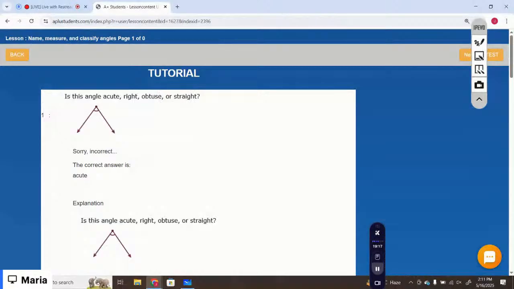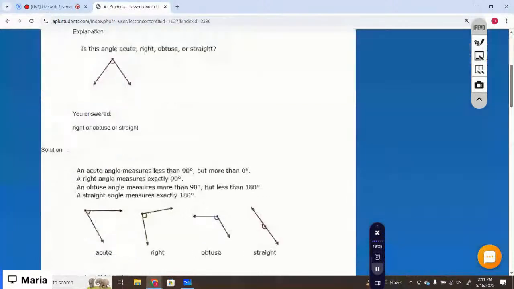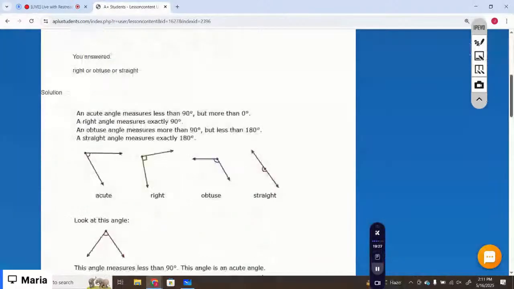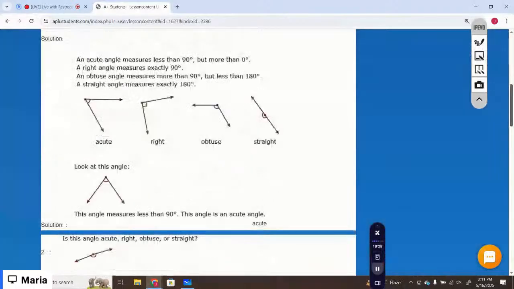The correct option is that is an acute angle because the angle is less than 90 degrees. There is a classification of the angles. An acute angle measures less than 90 degrees, but more than 0 degrees. So the angle between 0 and 90 is an acute angle.